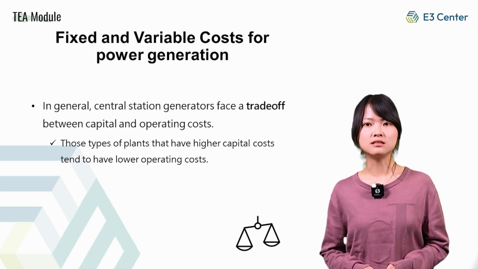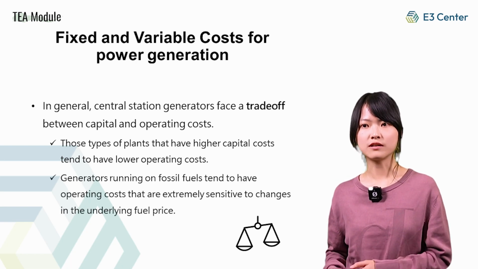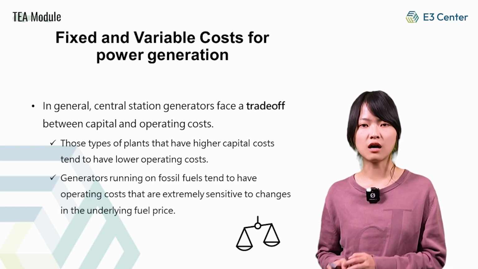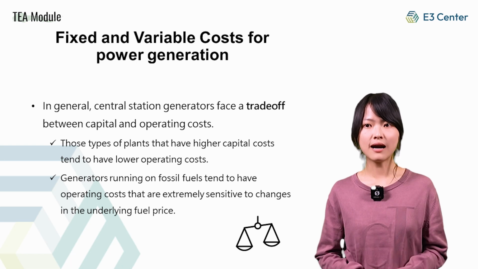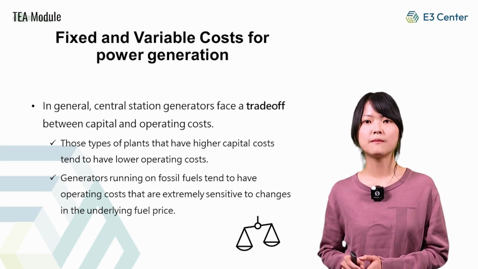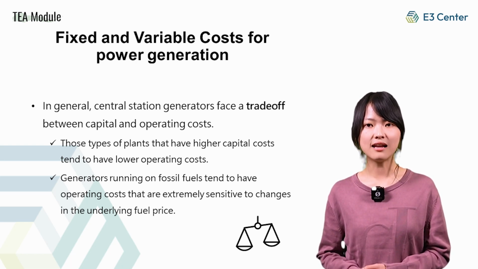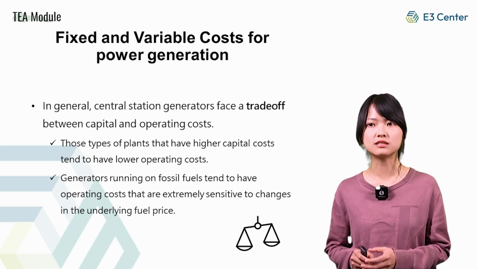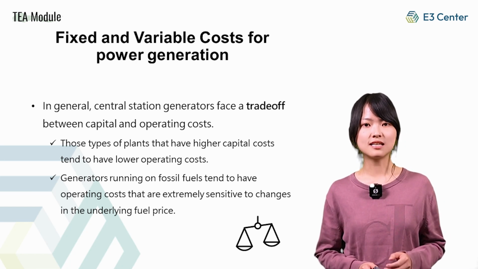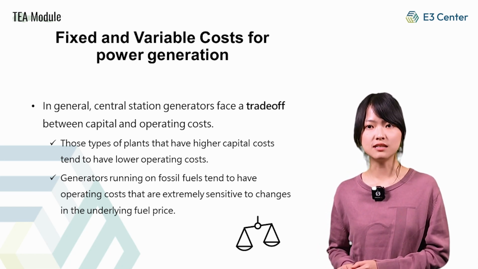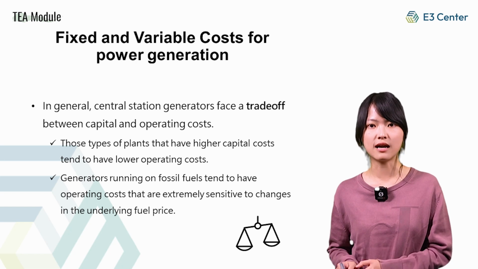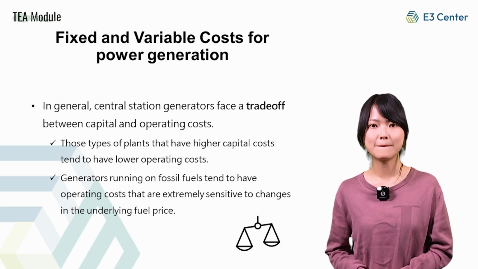On the other hand, generators running on fossil fuel exhibit different cost dynamics. While they might be cheaper to build, their operating costs are highly sensitive to fluctuations in fuel prices. This sensitivity can lead to significant variability in their economic performance over time.